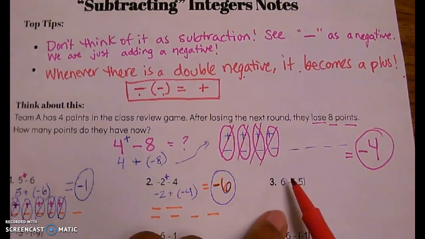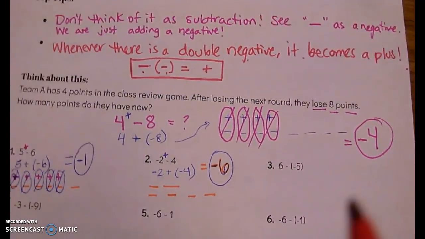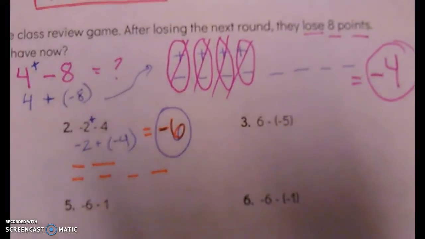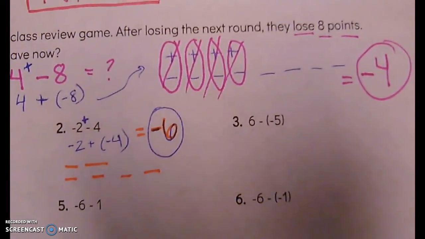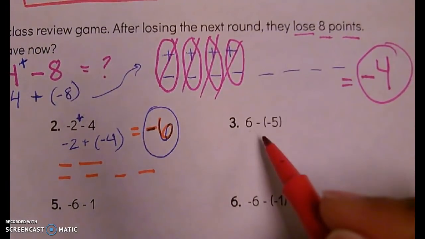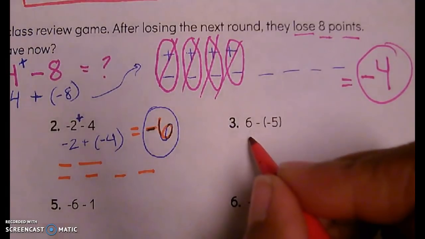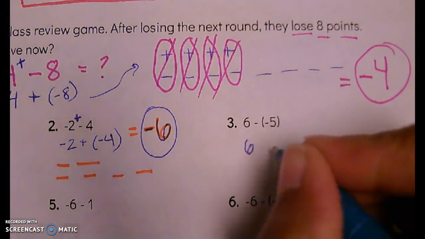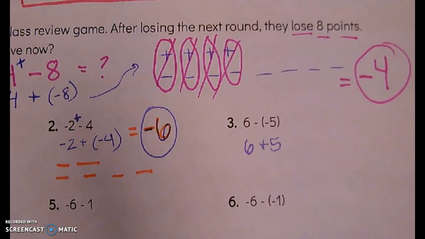Okay? Now, let's look at our problem where we see the 2 negatives beside each other. Alright? So, we have 6, negative 5. Here's what that is going to turn into. Because it's a double negative, it's going to turn into, if you guessed it, 6 plus 5.